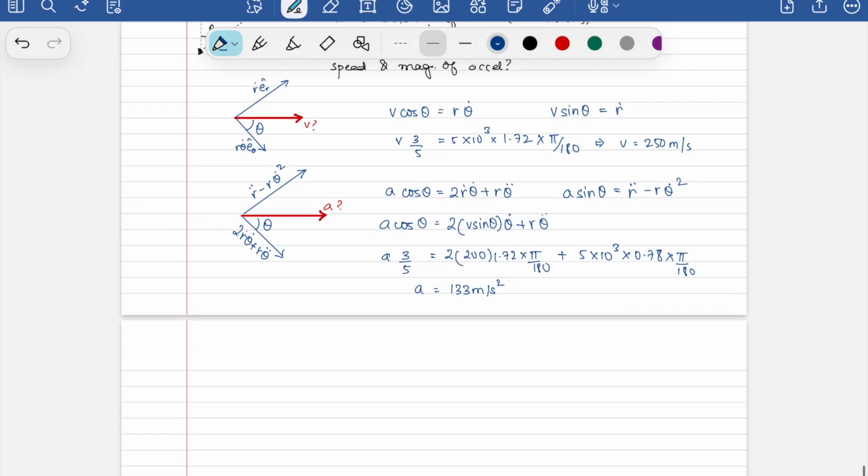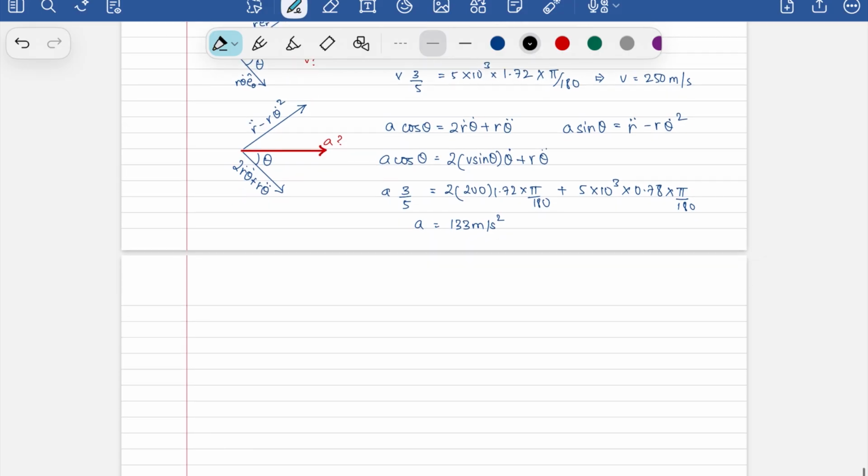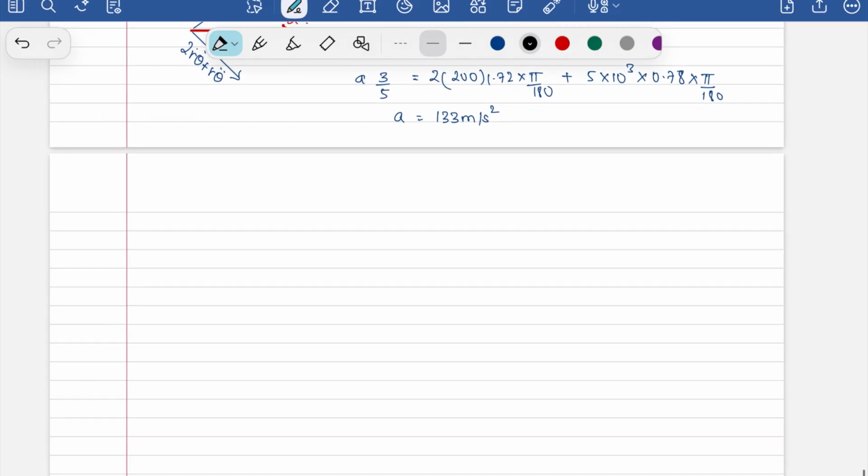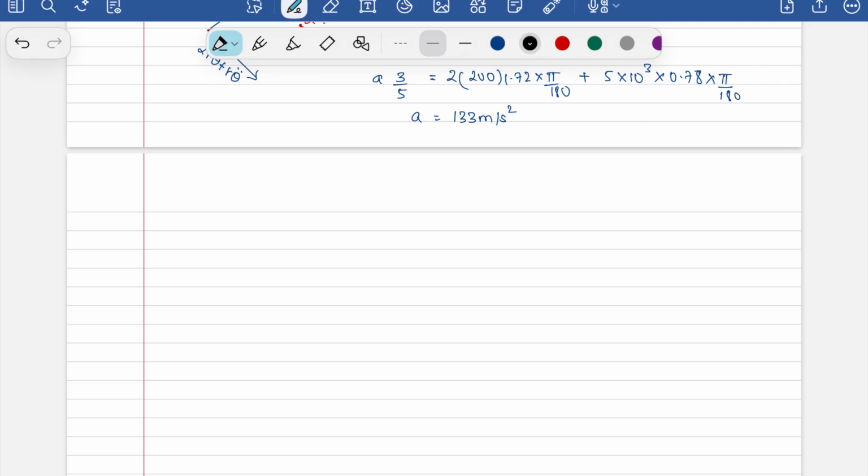Okay, let's do another problem where we have a car that is running. Sorry, an athlete is running rightward. I'll write the question down.